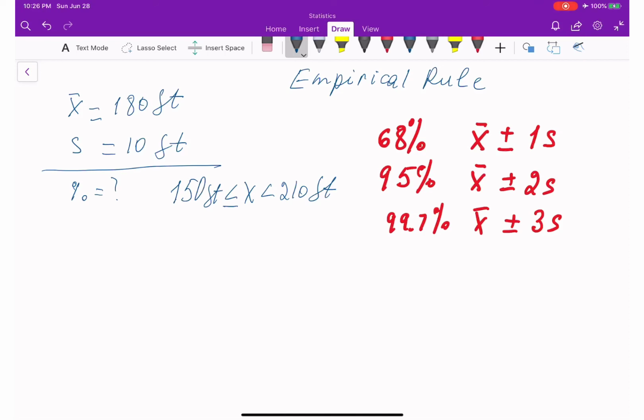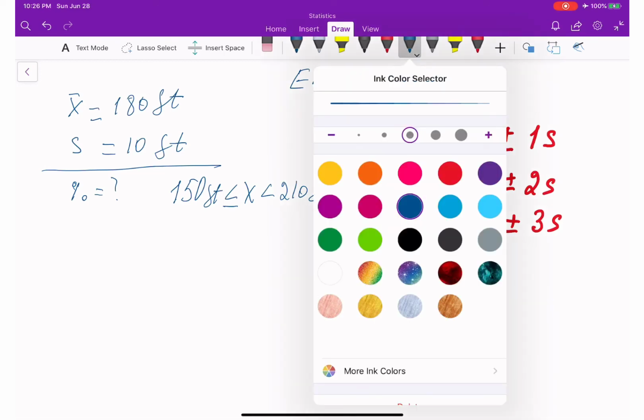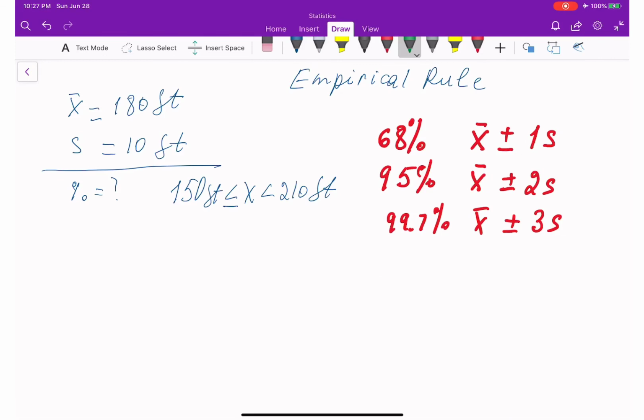Okay, so first step, what we are going to do is we are testing 68%.